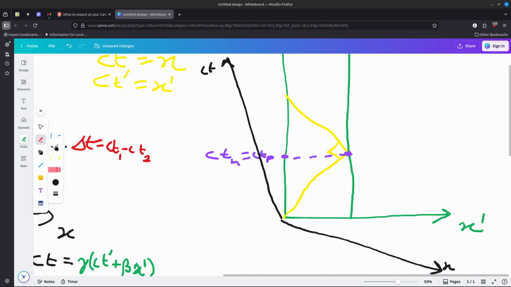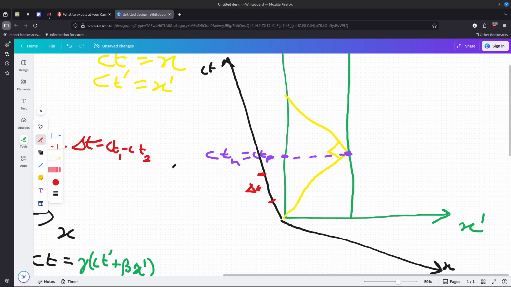We're now going to look at what that time interval looks like in this guy's point of view.